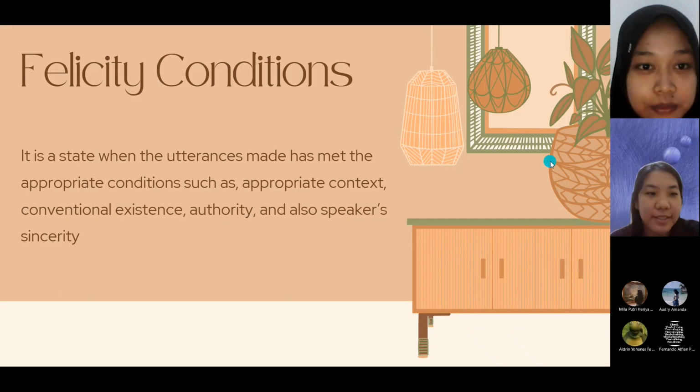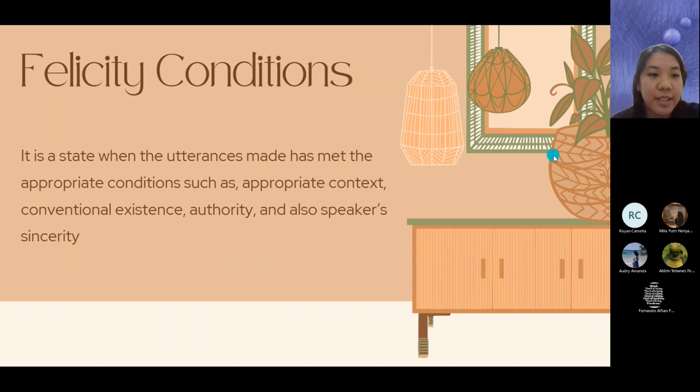All right, so next is felicity conditions. It is a state when the utterance has met the appropriate conditions such as appropriate context, conventional existence, authority, and also the speaker's sincerity. For some clear cases, the performance will be infelicitous if the speaker is not a specific person in a special context.